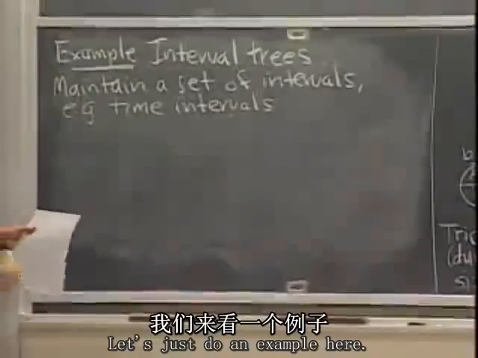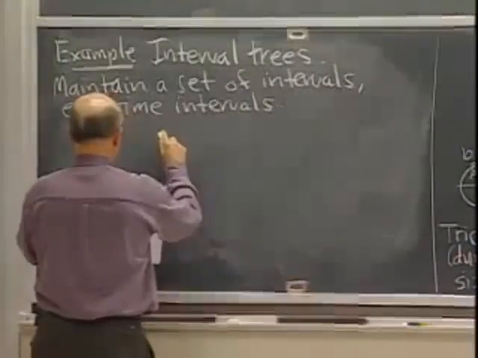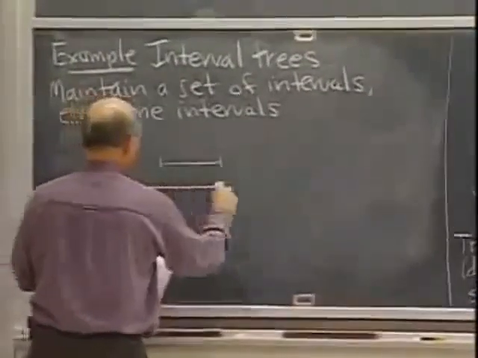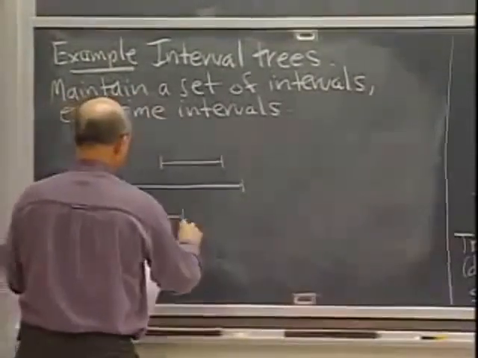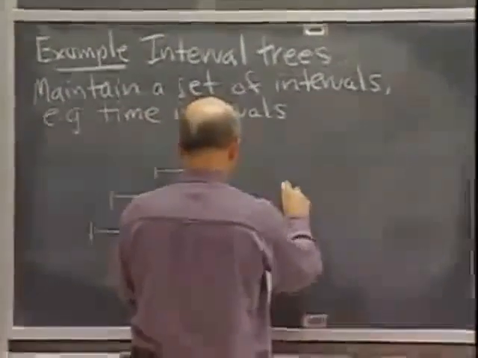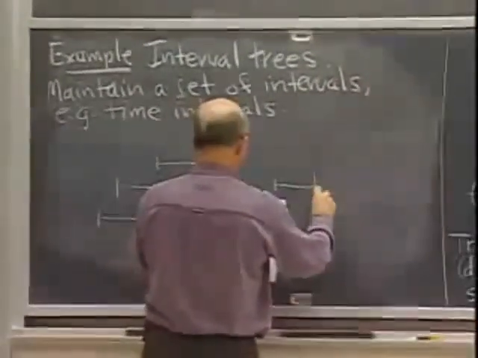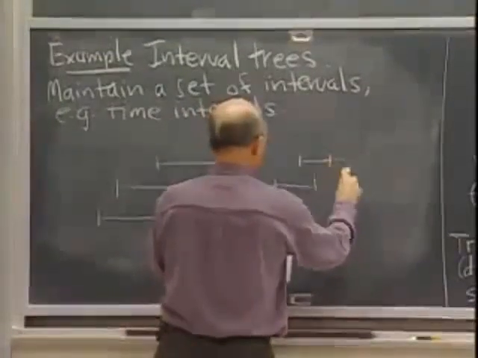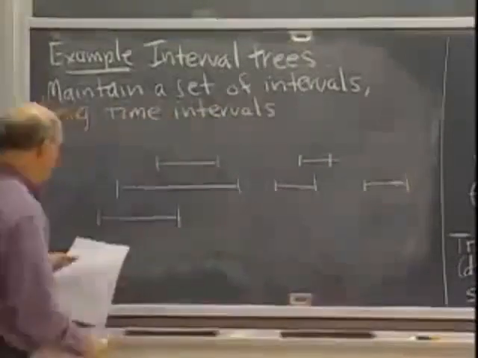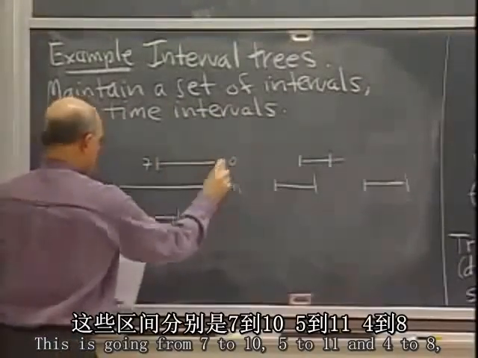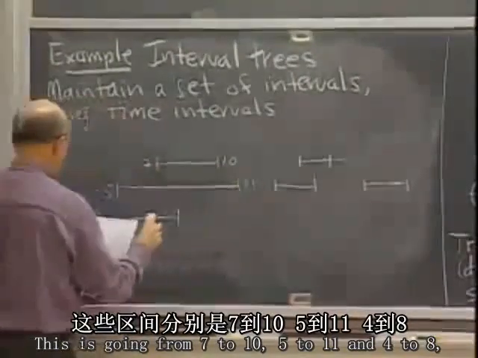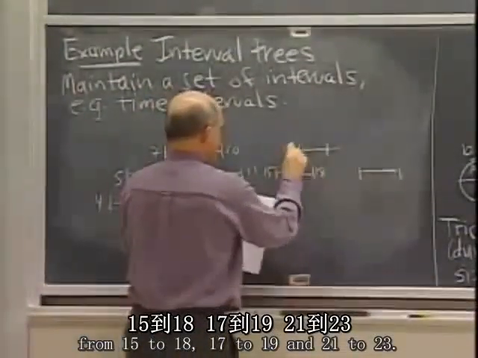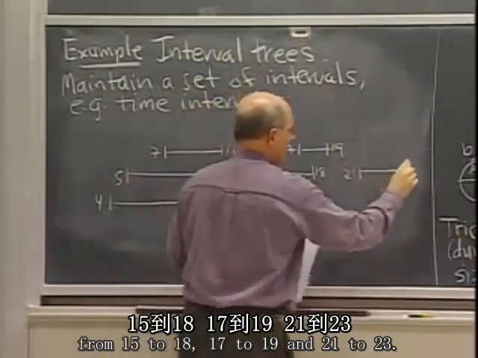So let's just do an example here. This is going from 7 to 10, from 5 to 11, from 4 to 8, from 15 to 18, 17 to 19, and 21 to 23.